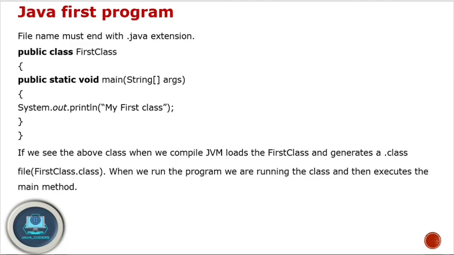Public class FirstClass, public static void main String args, System.out.println my first class. When we compile the above class, JVM loads FirstClass and generates a .class file, FirstClass.class. When we run the program, we are running the class and then it executes the main method.